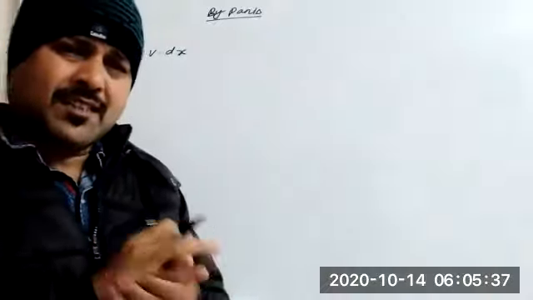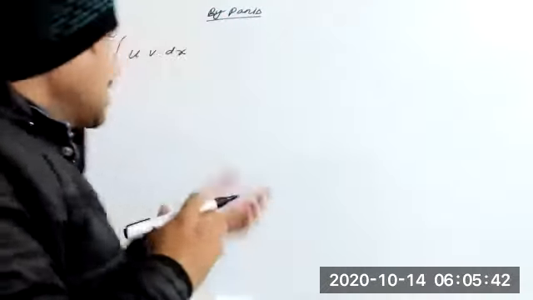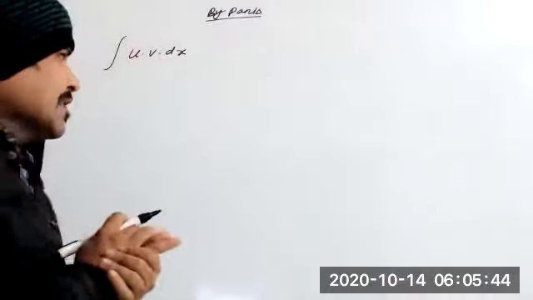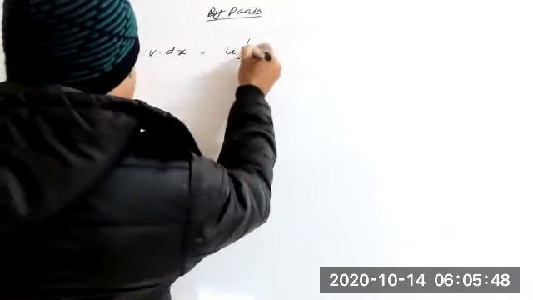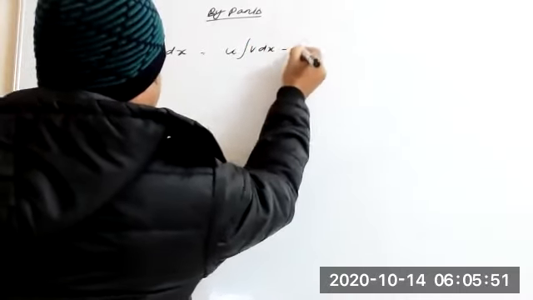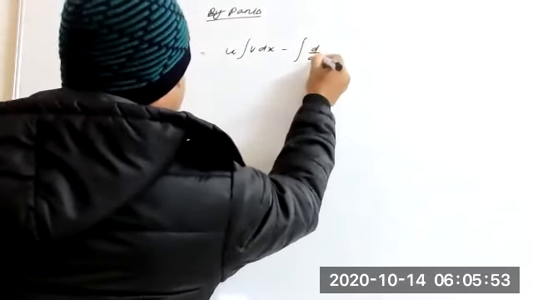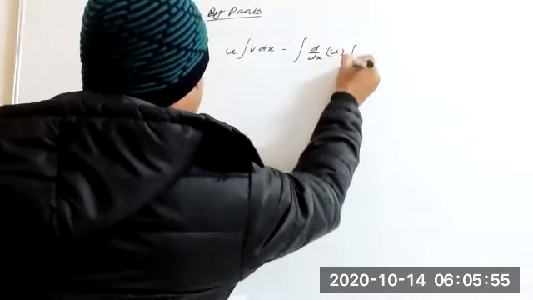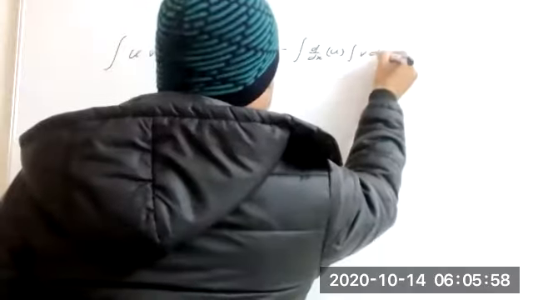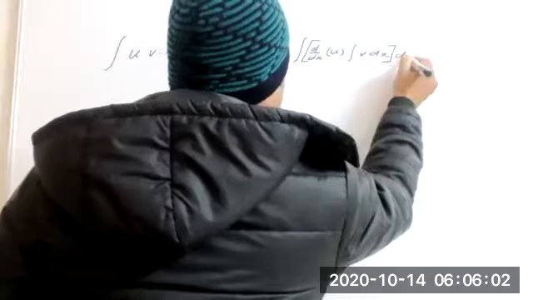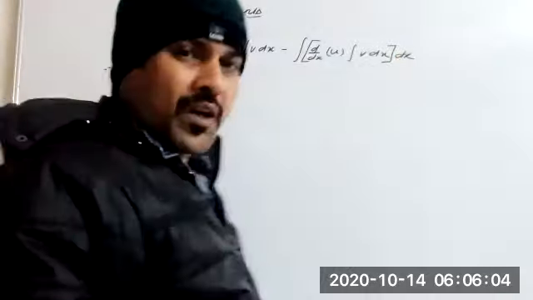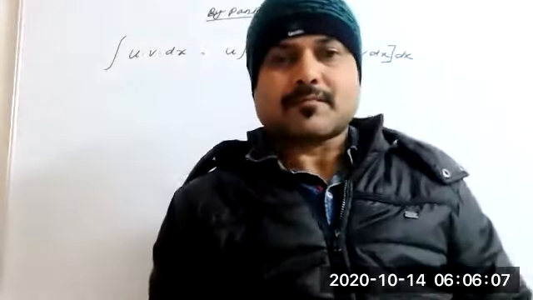Okay, so writing f x into g x, in place of f x I write u and in place of g x I write v. The integration of the multiplication u v dx is equal to u into integration of v dx minus, d by dx of u into integration of v dx, whole into dx. The whole outer integration is taken, right?